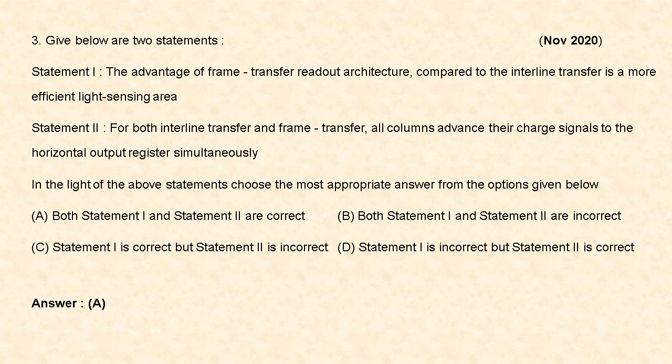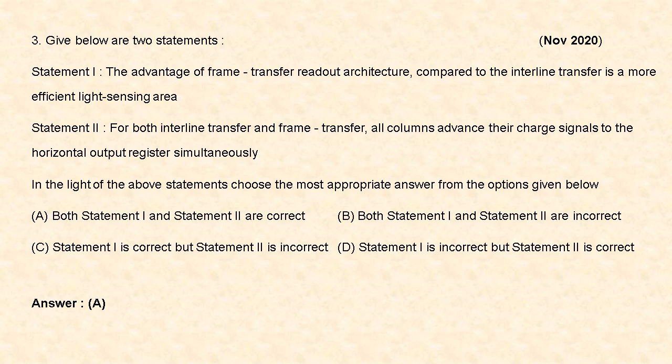In the above statements, choose the most appropriate answer from the options given below. Option A, both statement 1 and statement 2 are correct. Option B, both are incorrect. Option C, statement 1 is correct but statement 2 is incorrect. Option D, statement 1 is incorrect but statement 2 is correct.